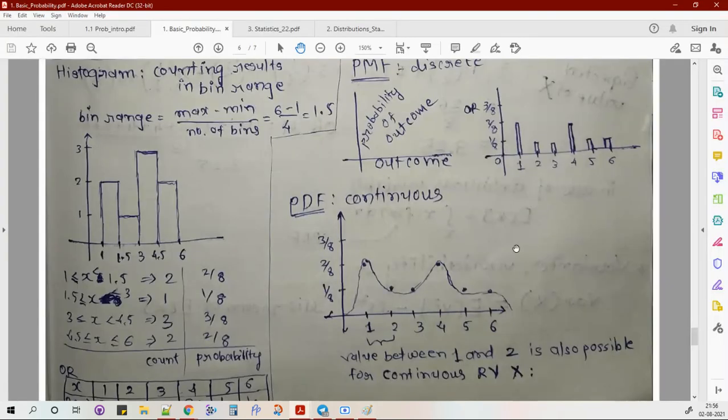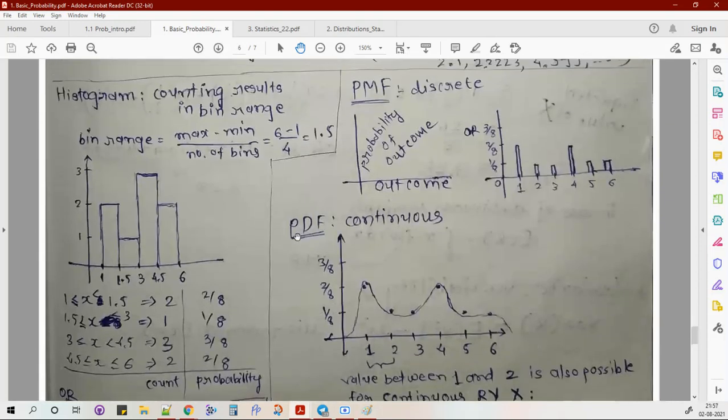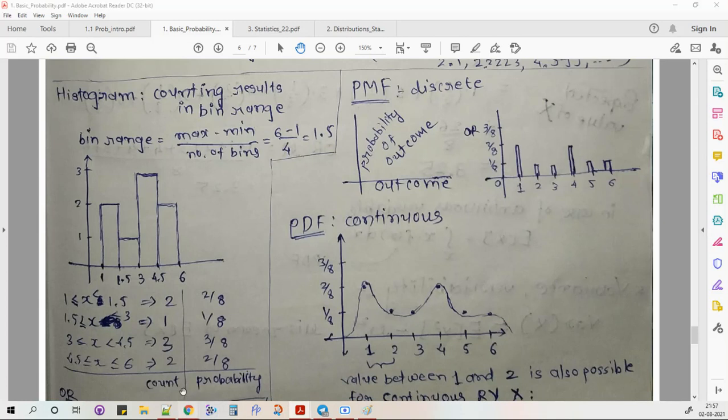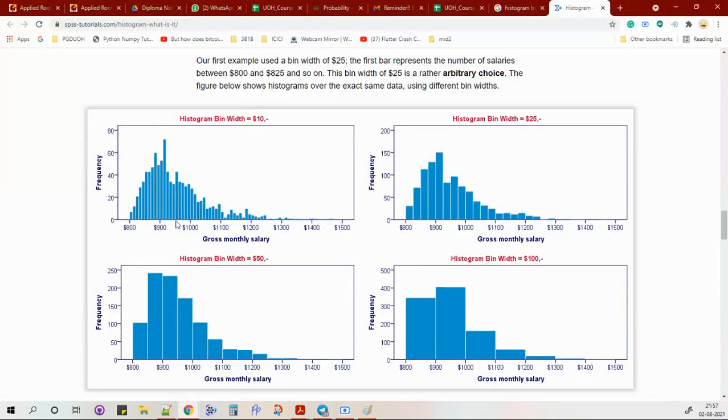Let's get back to our business, PMF and PDF. I guess now it's clear, right? And this PDF is derived from this histogram basically. Once you have this histogram, you use something called KDE, kernel density estimation, and you try to get a smooth curve out of this discrete distribution, because it is not possible to get continuous data.